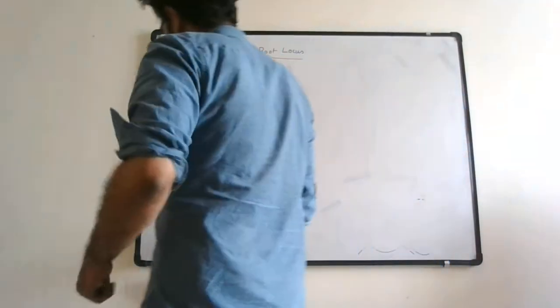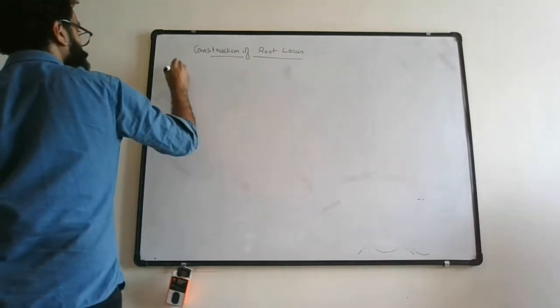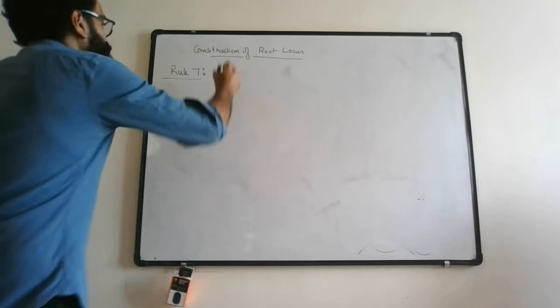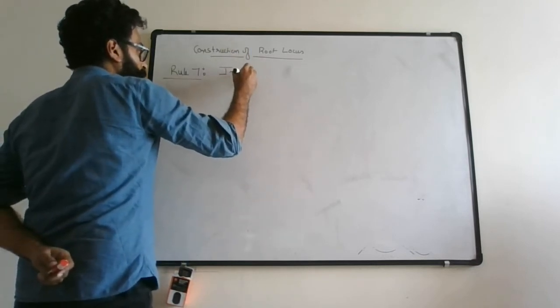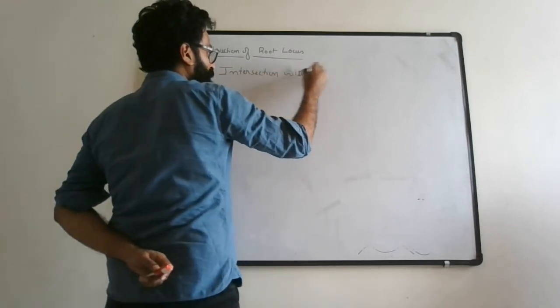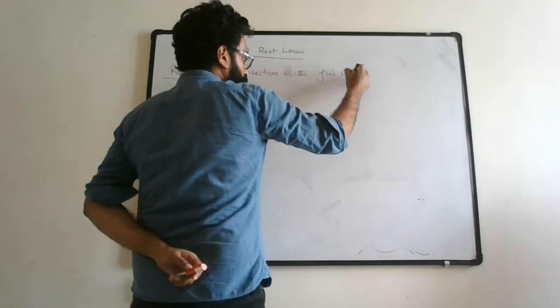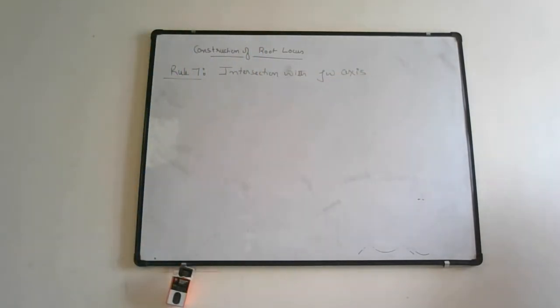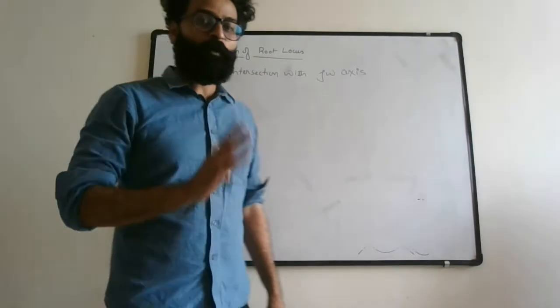Then we have rule number 7, which is intersection with the j omega axis. Somewhere we have heard this.